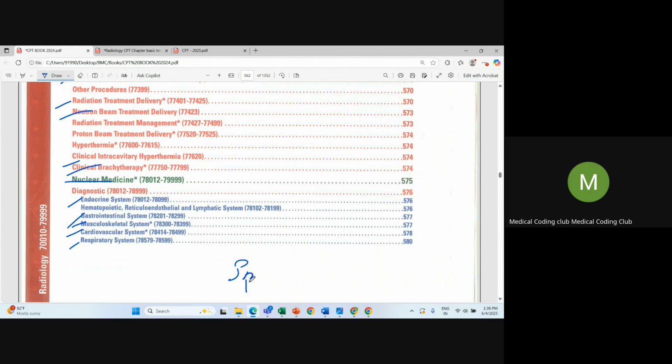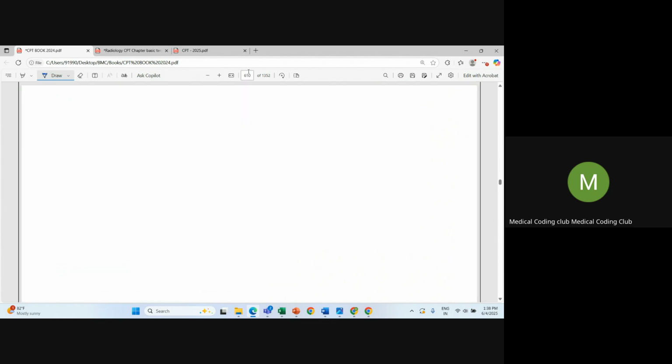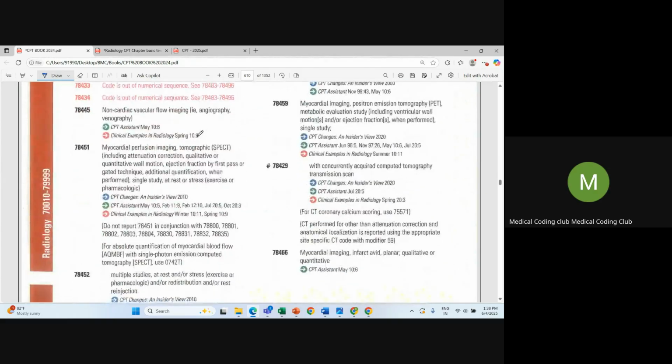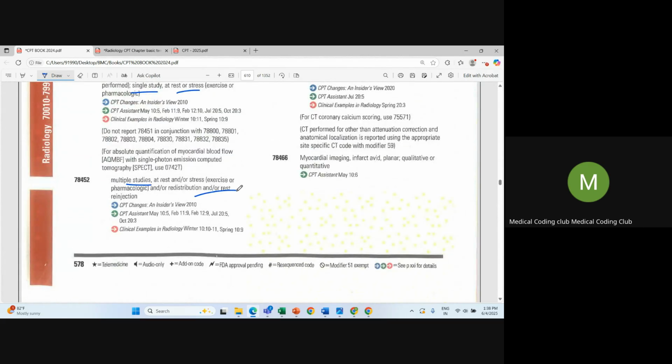So SPECT, okay, SPECT technique, and if you take the cardiovascular system here, perfusion technique. Okay, so I'll just show. And see cardiovascular system. Under cardiovascular system, myocardial perfusion imaging tomography utilizing SPECT, single study at stress, multiple studies at stress.